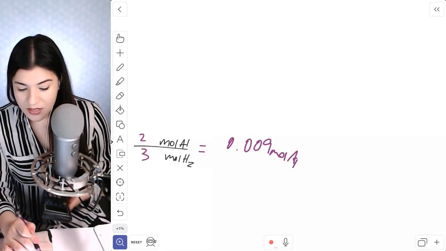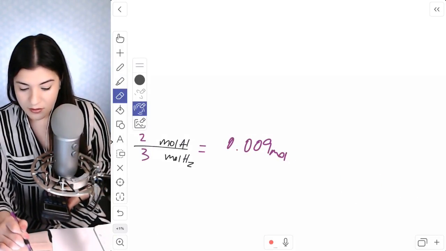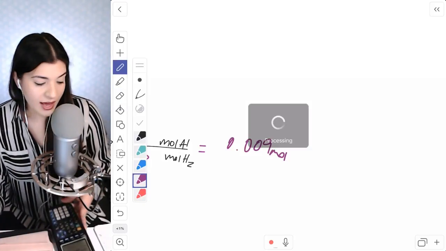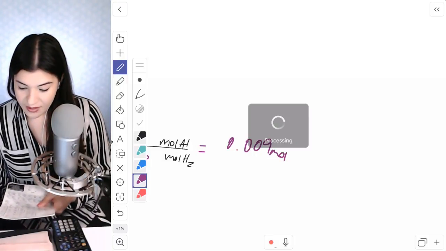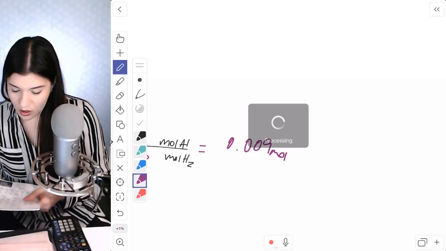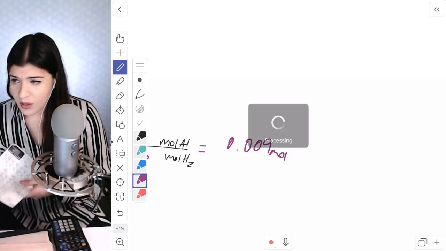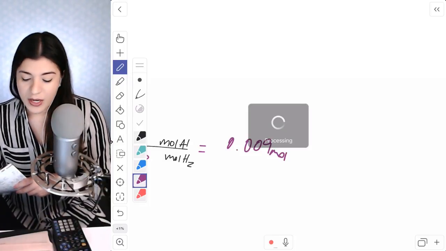Last step is to convert this to grams. So let's do that. We'll look at the molar mass of aluminum on our periodic table. All I have to do is multiply, because they want us to find the mass in grams of aluminum.